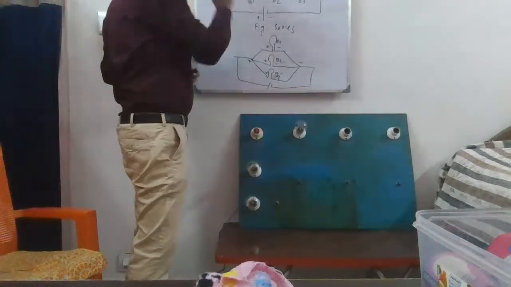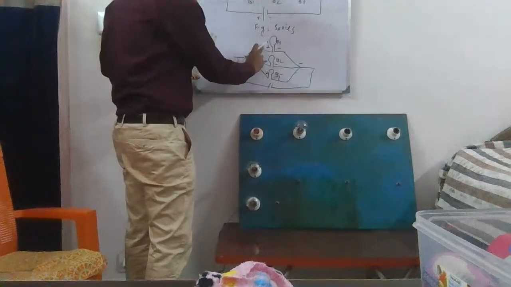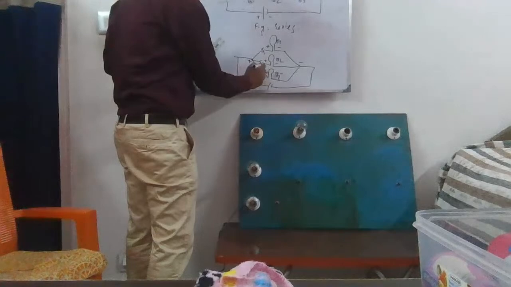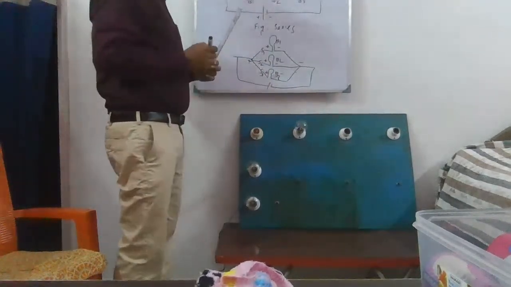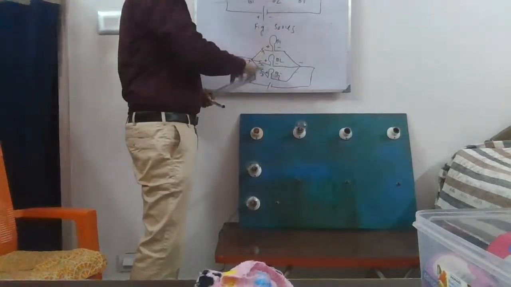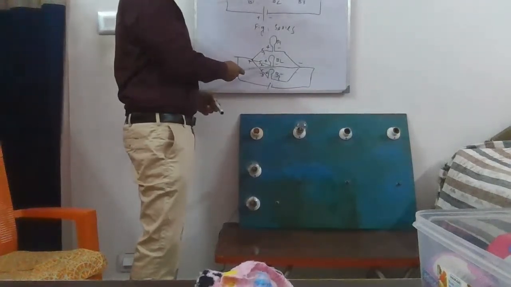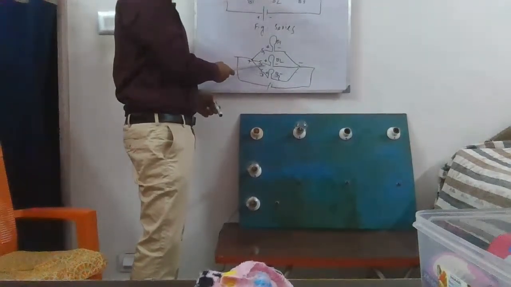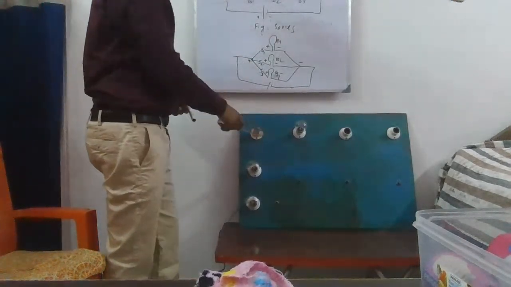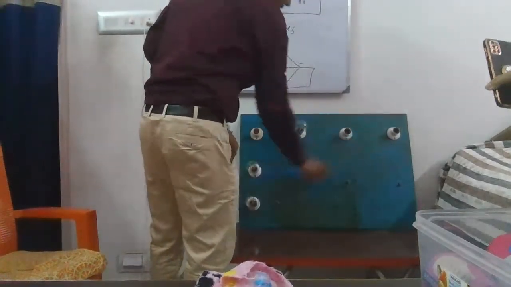So a single switch is sufficient, but for the parallel connection, switch 1, switch 2, and switch 3 are important here, because if I want to put off a bulb, I can turn off switch S1, for putting another bulb off switch S2, and for the third switch S3. So I use three different switches.